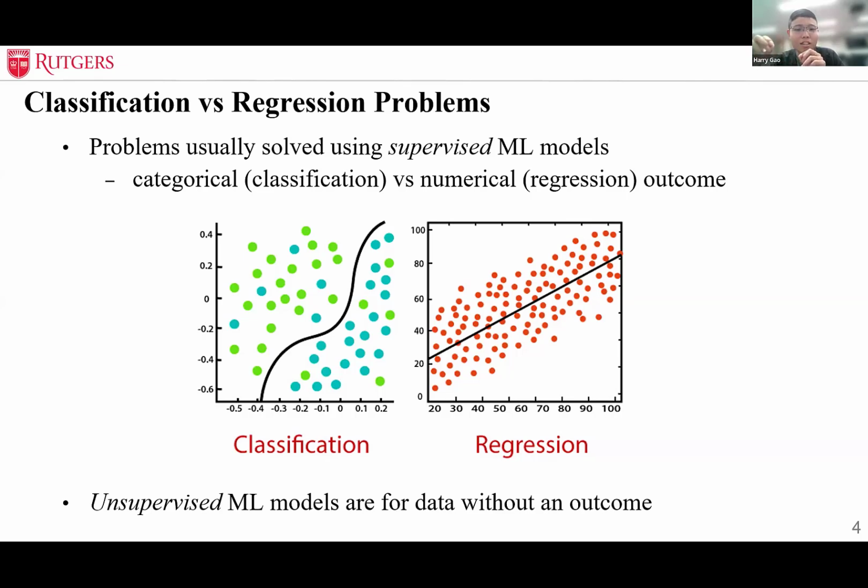Those are not black or white. It's not two or three or four categories. It is a continuous value. This is called regression.